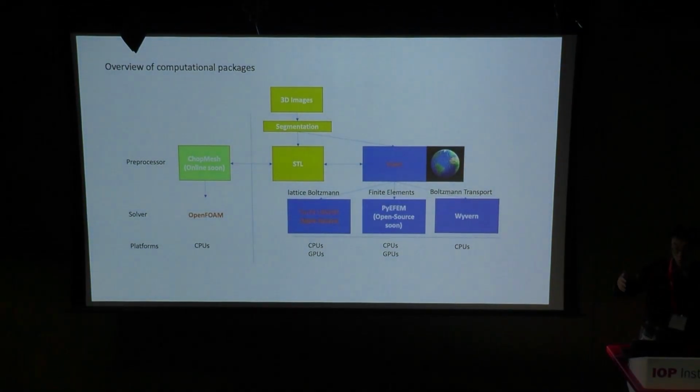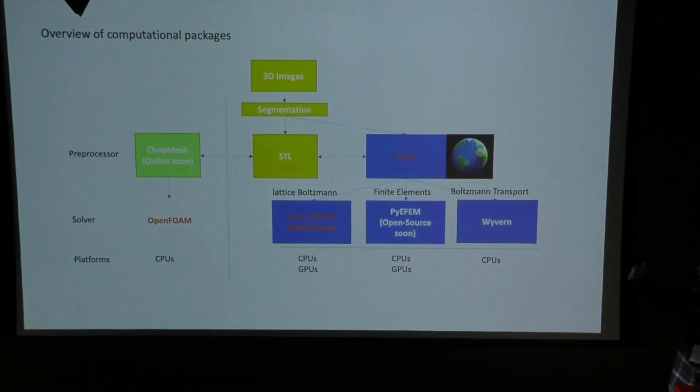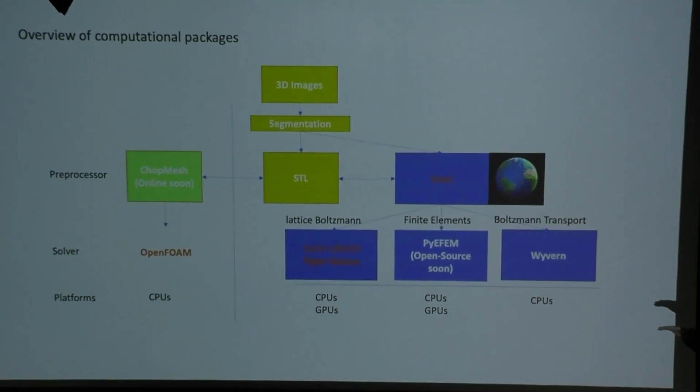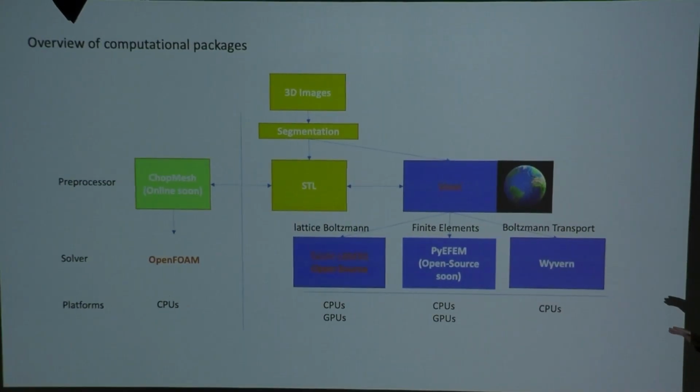During my PhD study and postdoc, we spent a lot of time developing this voxel-based solver because it's very efficient, like lattice Boltzmann, finite-element-based or Boltzmann transport solvers. They're always voxel-based, because we can use a Cartesian grid to do very efficient looping.